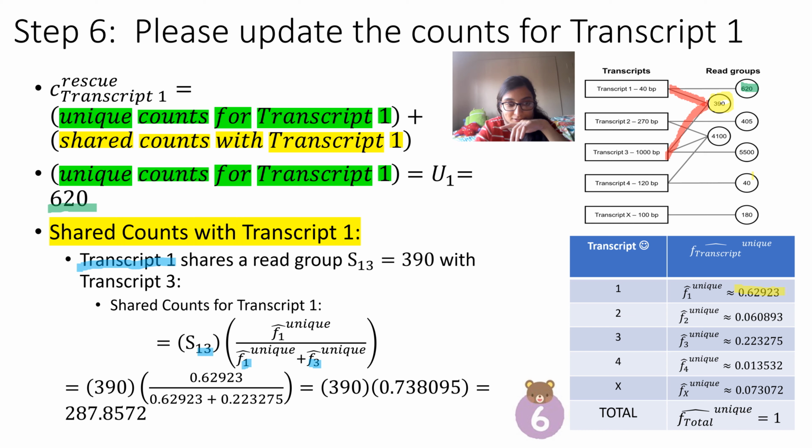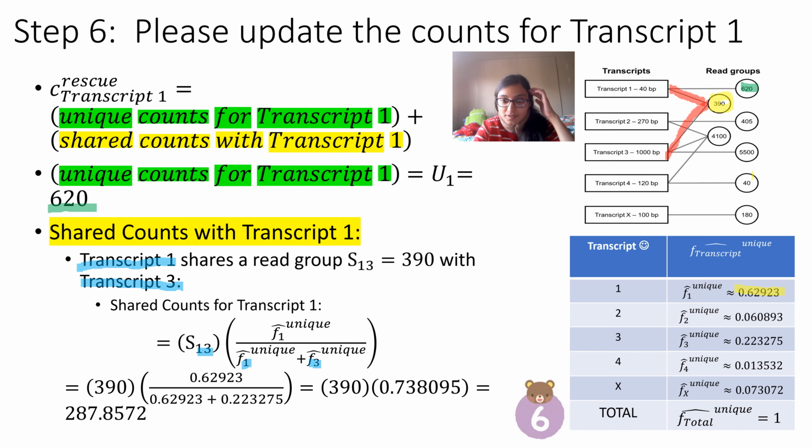Transcript 1 shares it with transcript 3, that's why we have 1 and 3 here. This 0.623 value is for transcript 1, and 0.223275 is for transcript 3. Then this scaling is 0.738095. That tells you, if we were scaling it, the relative value, 73.805.